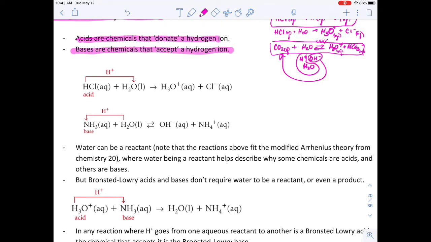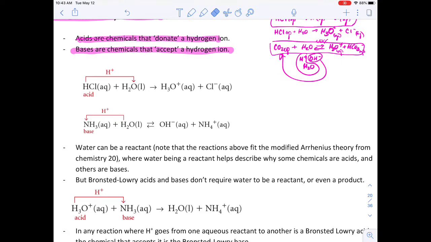If I look at hydrochloric acid reacting with water, this hydrogen ion reacts with this. So this is my donor, and this is my acceptor. It produces hydronium, because this accepted the hydrogen ion, and this donated or lost its hydrogen ion and became chloride.